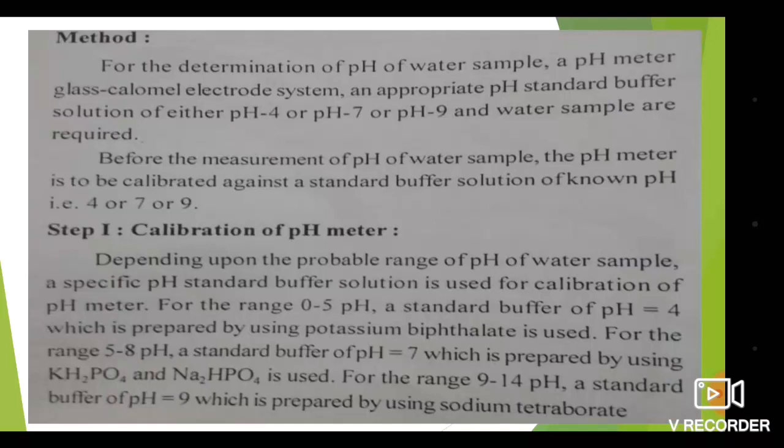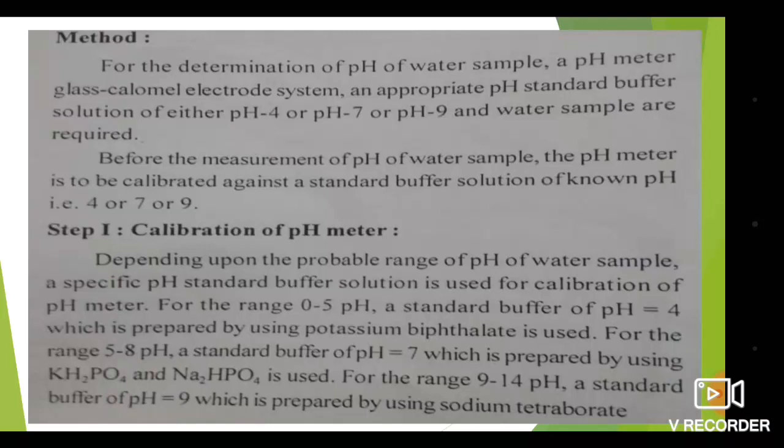So depending upon the pH range of the water you are going to analyze, select the buffer solution, and standardize or calibrate the given pH meter. If the water pH is from 0 to 5, then use the buffer solution of pH 4.